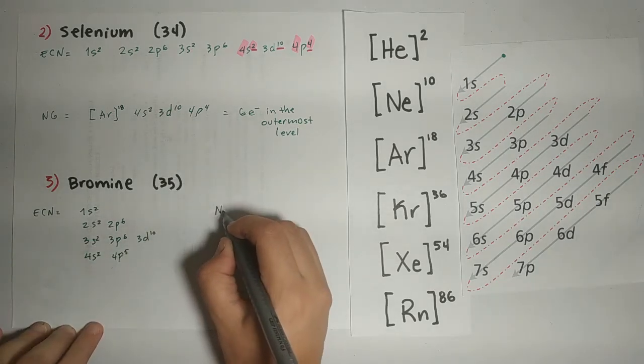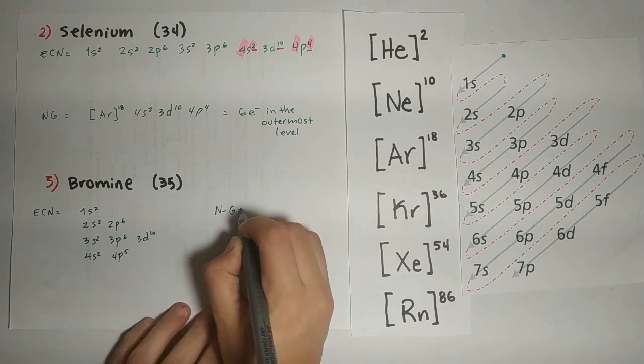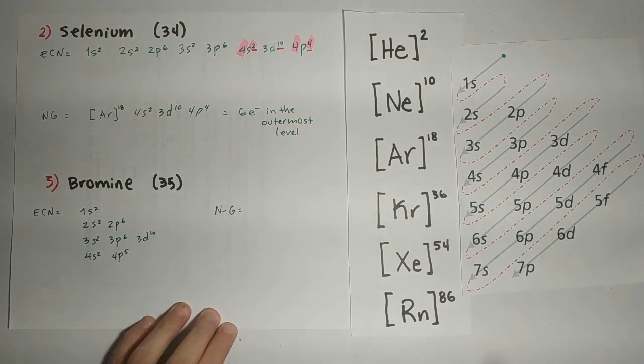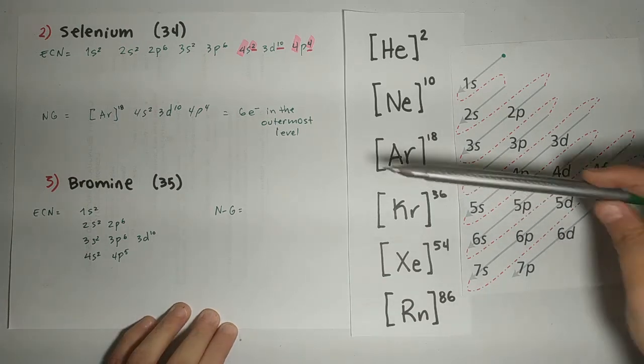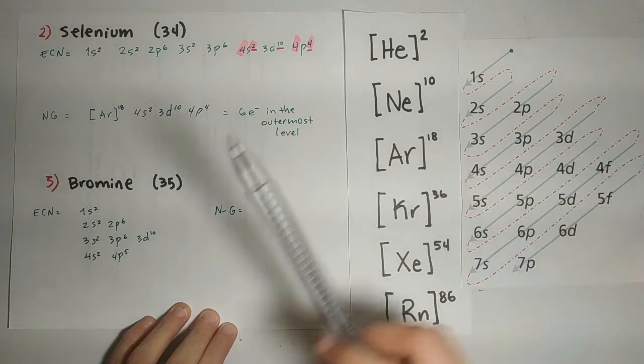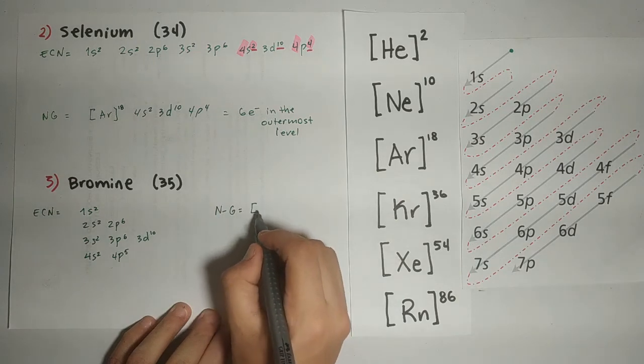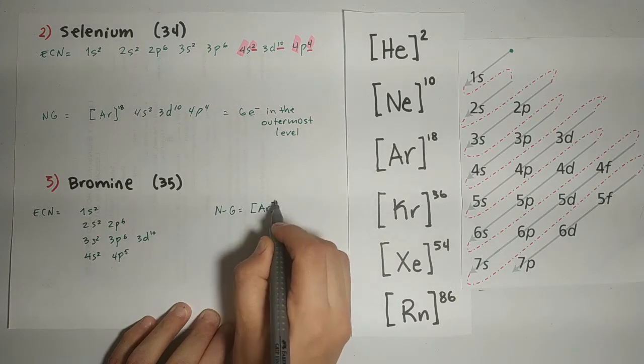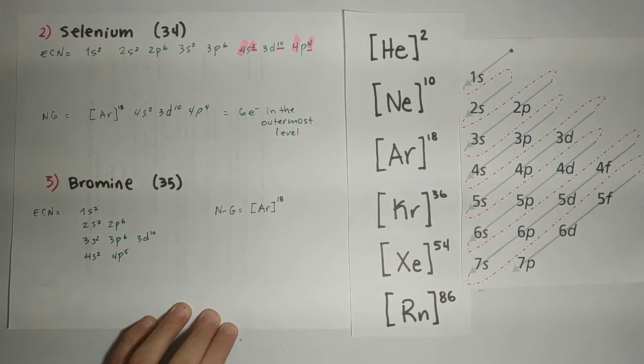But for the noble gas notation, I need my noble gas before bromine. In this case, bromine is between argon and krypton, so I'm going to use argon, the one before, not the closer. Argon 18.